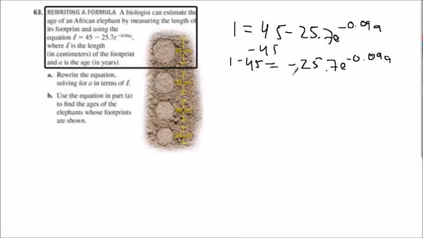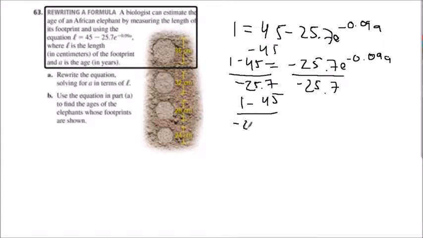This is going to look really messy. Divide by negative 25.7. Now we have L minus 45 over negative 25.7 is equal to e to the negative 0.09a. In order to get rid of e, we take the natural log.